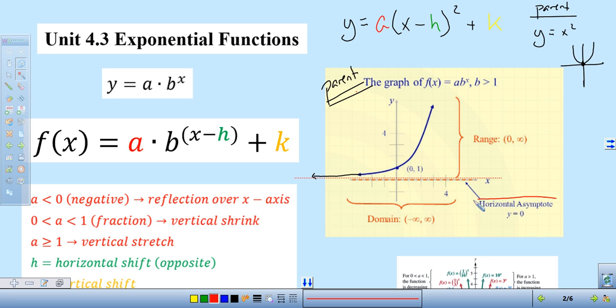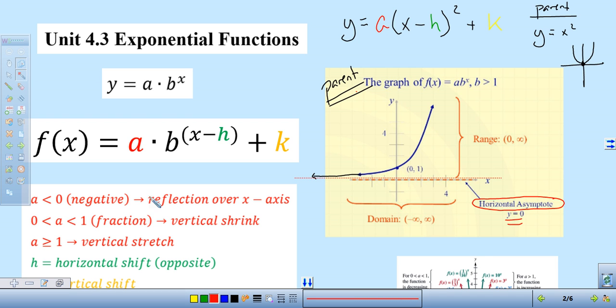So we have this horizontal asymptote at y equals 0. Remember, an asymptote is something that you get really, really close to, but you never touch. In this case, the behavior of my graph is that I'm never going to go below the y equals 0 line. I'm never going to become a negative y.